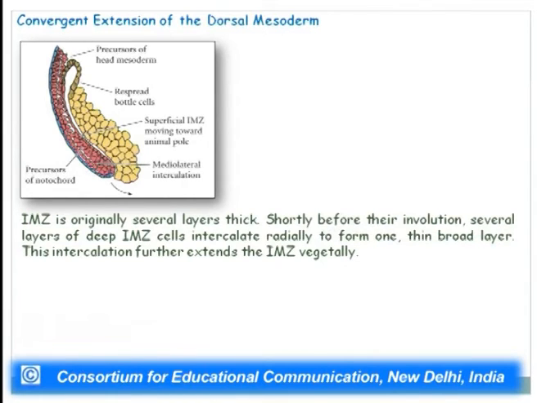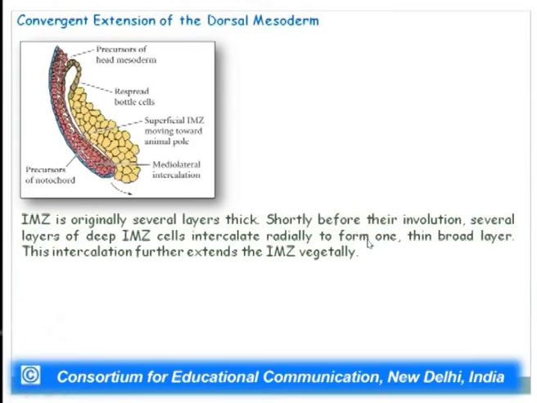When we talked about general movements of gastrulation, we talked about two kinds of intercalations. One is called radial intercalation and another is called mediolateral intercalation. Radial intercalation is when multiple layers of cells become integrated into one another and become a single layer.